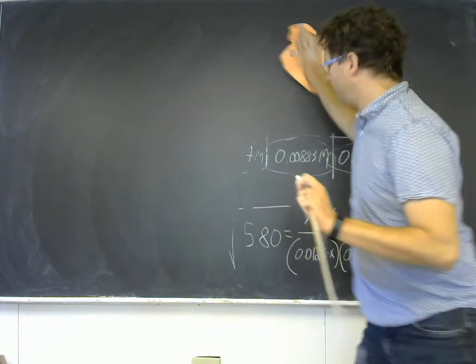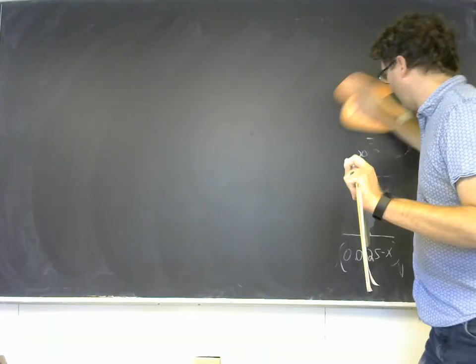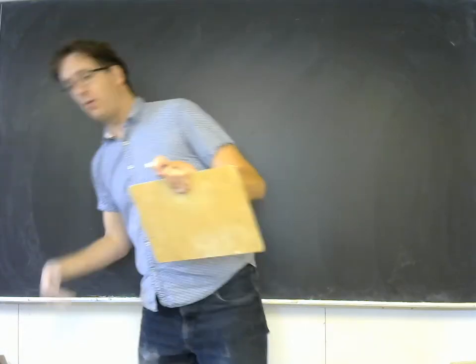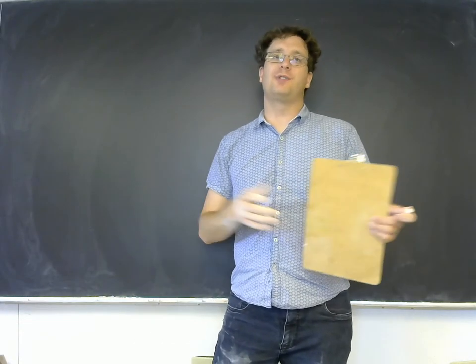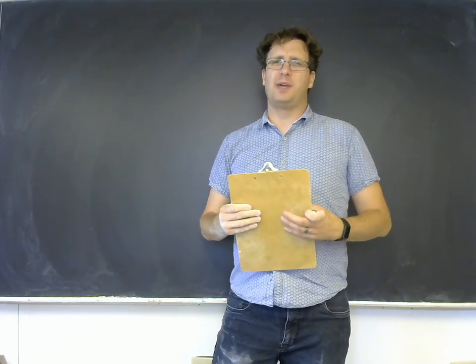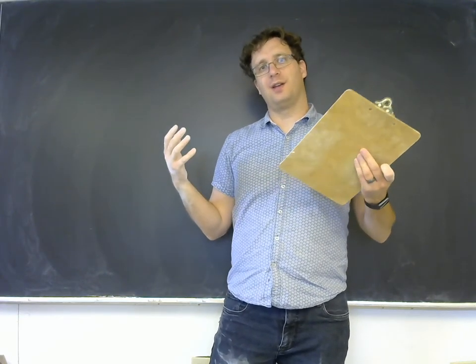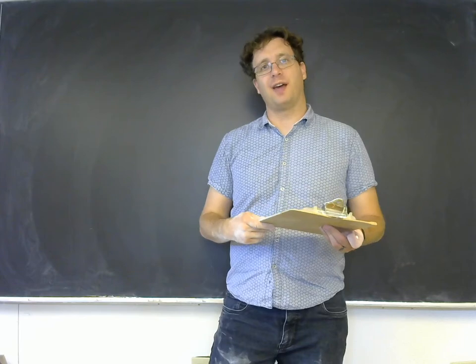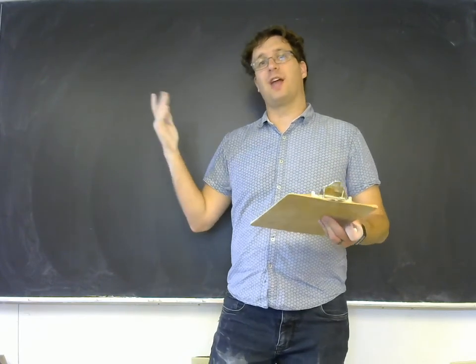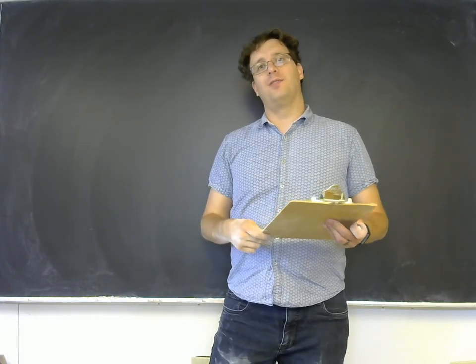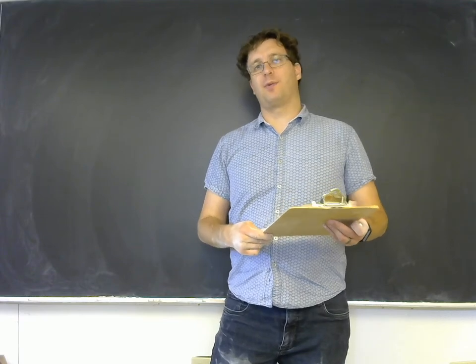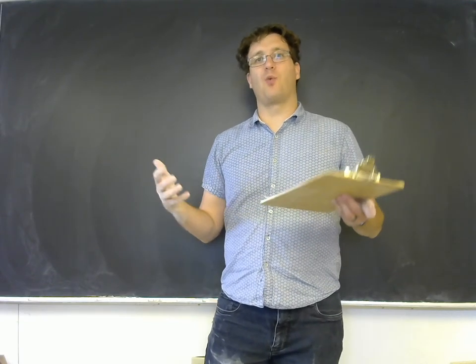So just to summarize, in that problem, we were able to avoid using the quadratic formula because we could take the square root of both sides, because the numerator and the denominator of the equilibrium expression were both squared values.